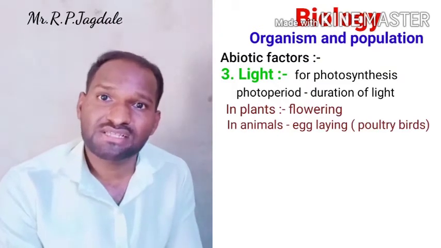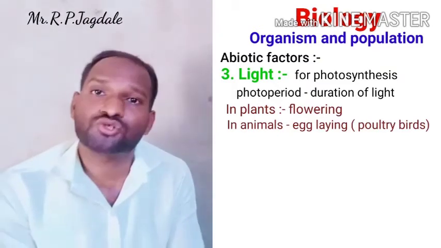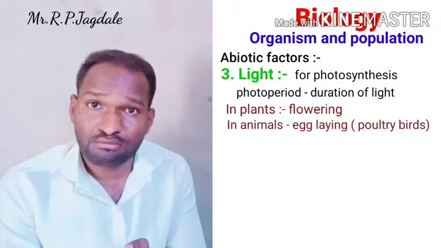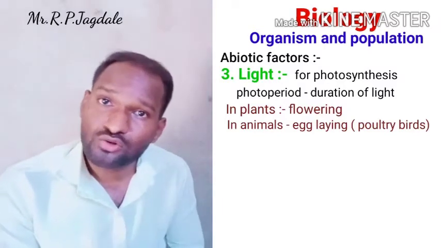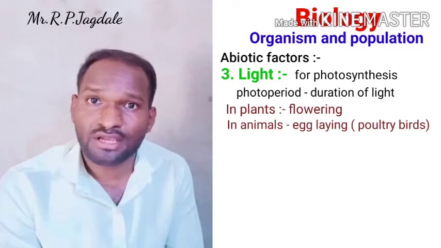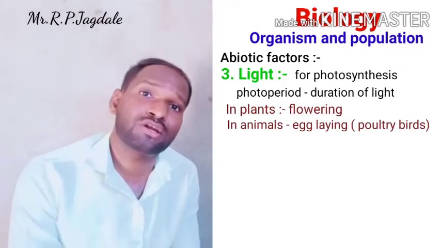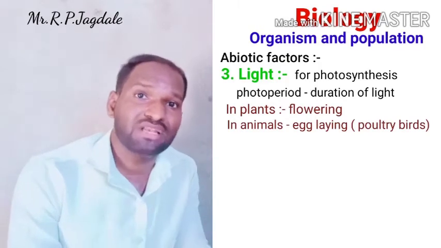So in animals and in plants also, photoperiod is very important. According to the light, there are some organisms which require light, and there are some organisms which hide from the light.